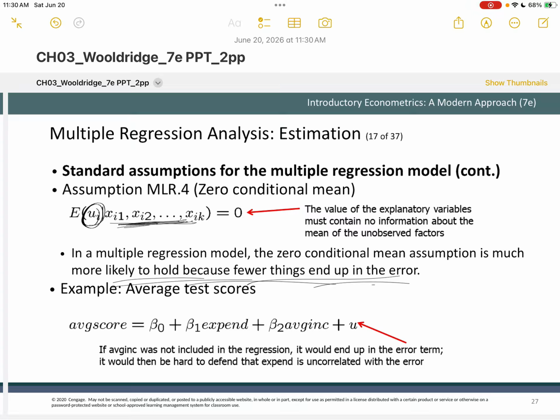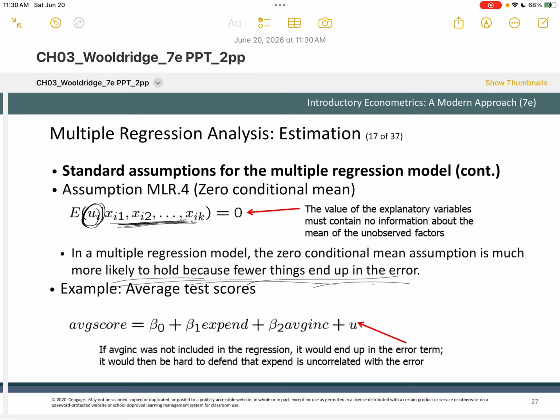Now, in the error term, what could be there? Observed factors and unobserved factors. With the observed factors, it might be easy to find them and put them into the regression or the econometric model.